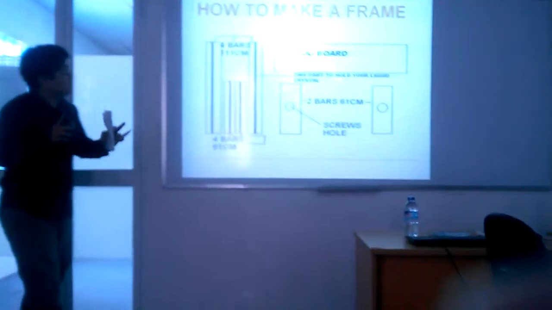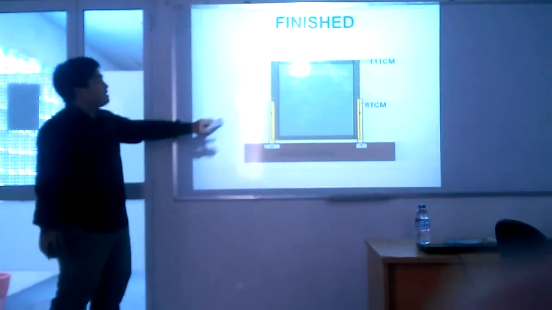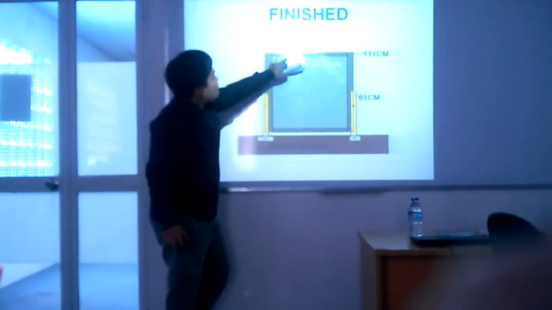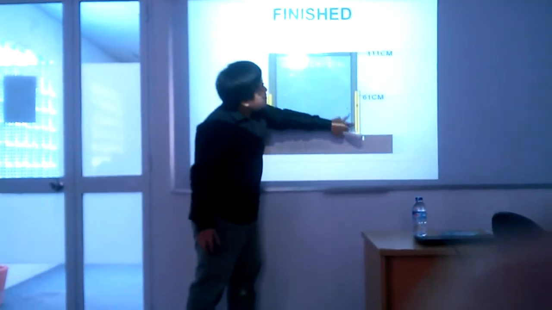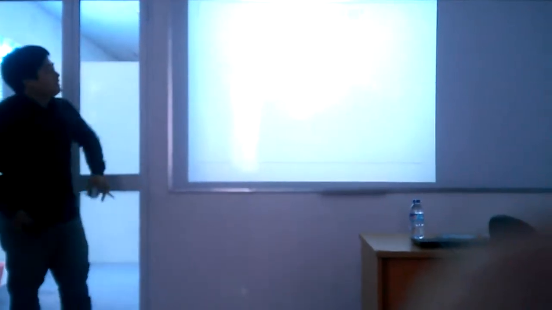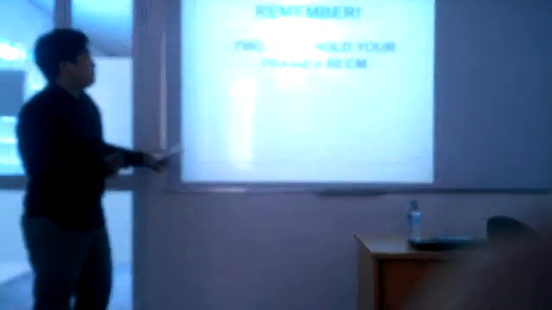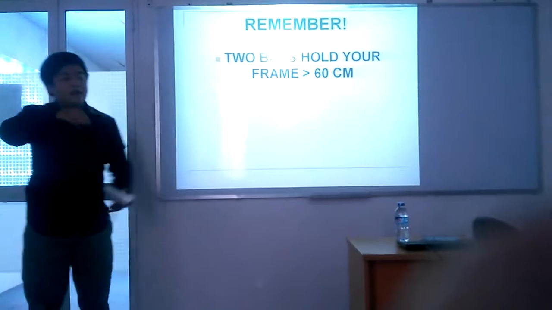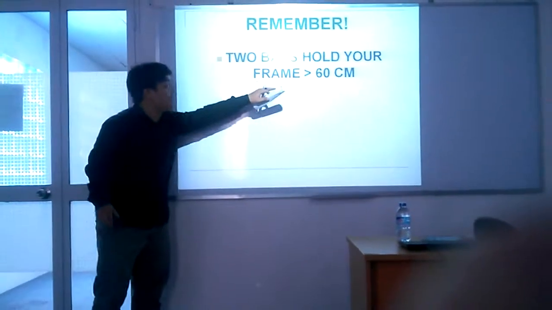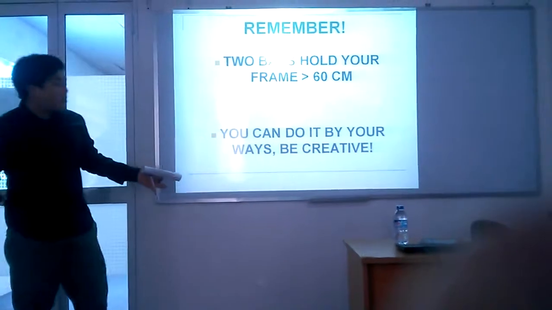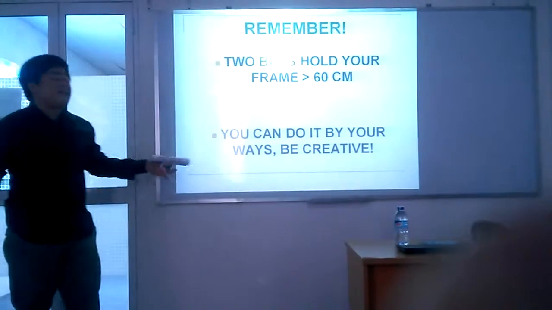I will tell you later. So this is our finished frame. You can see this is the 61 centimeter bar, and this is a wood board. Remember for this step, the 2 bars on your frame that make it stand must be bigger than 60 centimeters. You can do it your own way. Be careful, be creative. It depends on you.